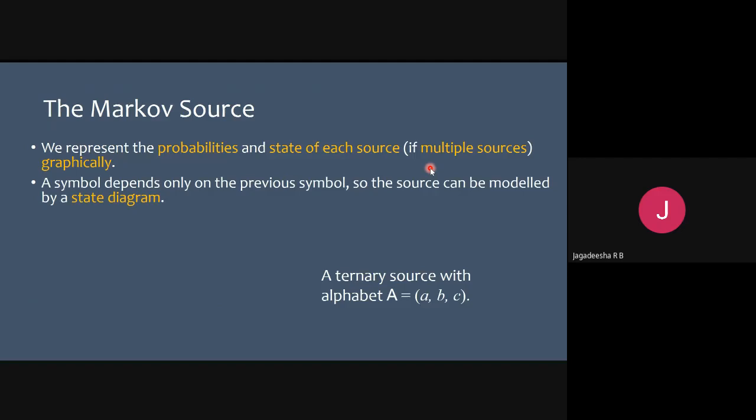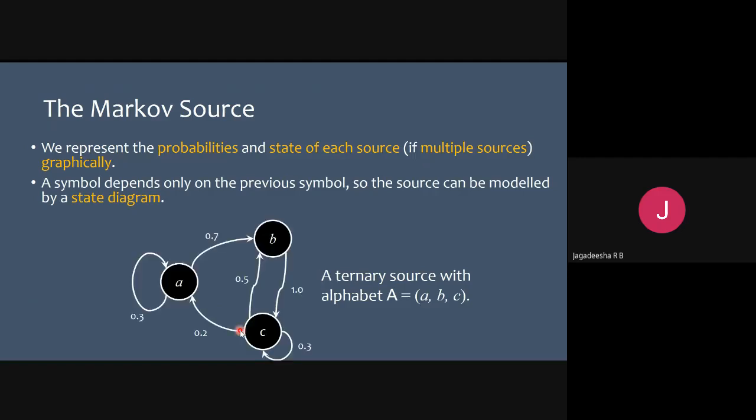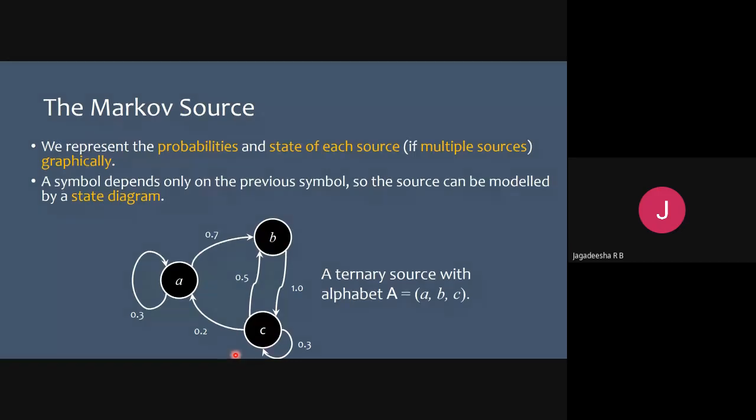We'll assume that there is a source that emits different symbols like A, B, and C, as shown here. There are also some arrow marks and some values beside the arrows. What's the meaning here?